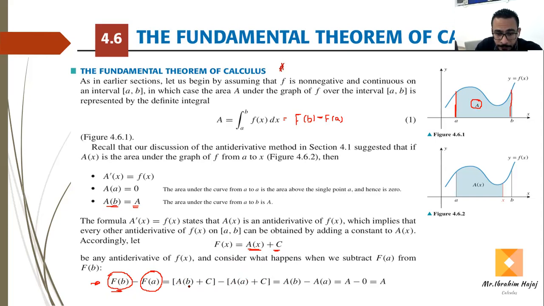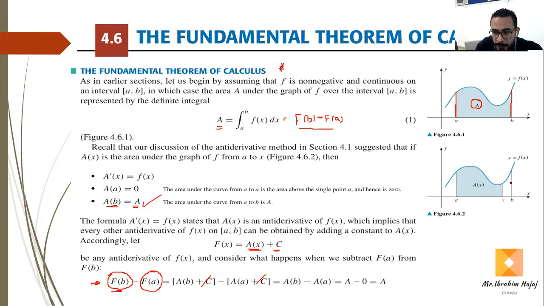So here we cancel out c with c, and we still have A of b minus A of a, which is 0, so we still have A of b. A of b is already A, so we proved now that A equals F of b minus F of a. No need to know the proof, but I just tell you about it.